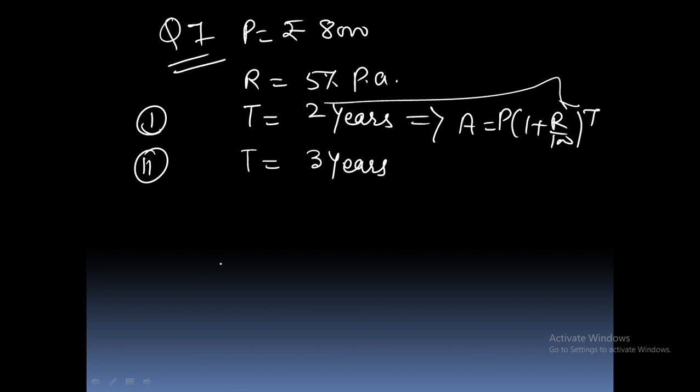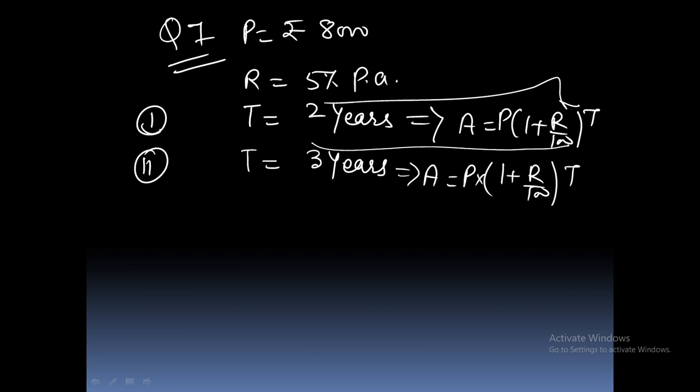and in the second point we have to calculate interest for the third year. So first of all you have to calculate amount, principal into 1 plus rate over 100 power time.